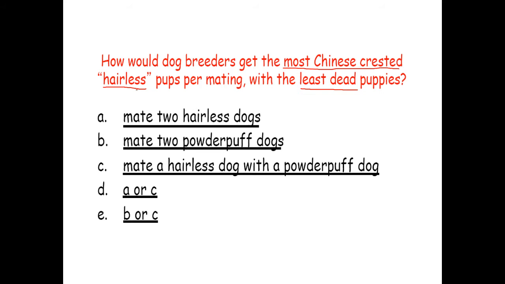Now, A is not correct because that's what we just did before. If you cross two heterozygous hairless dogs, you always end up with one dead one, right? But if you cross two powder puff, which is two homozygous recessive, you don't get any hairless dog. So the only way to go is C, to make a hairless with a powder puff. That way you avoid all the big H. Good job.